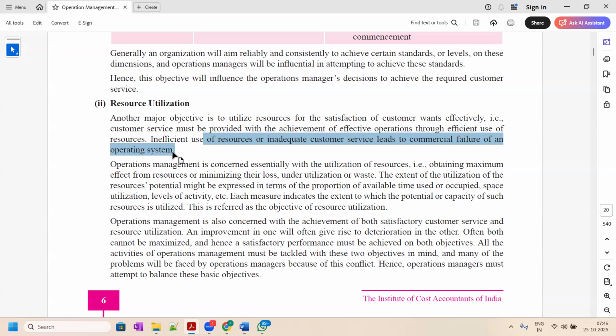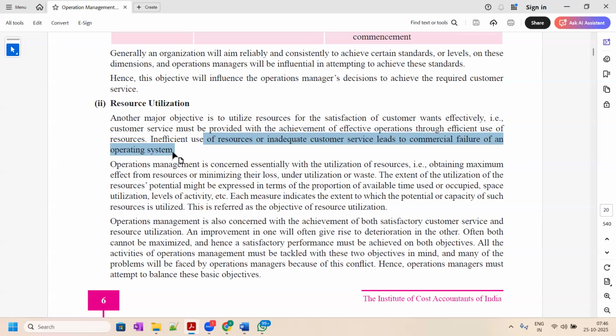Giving excellent service might use extra resources, and saving resources will definitely reduce the service quality. Therefore the manager's aim is to have a balance between the two rather than maximizing one.